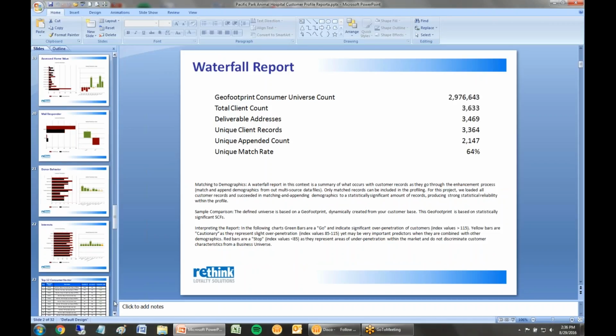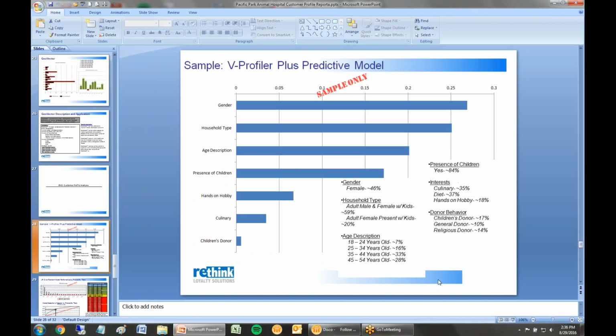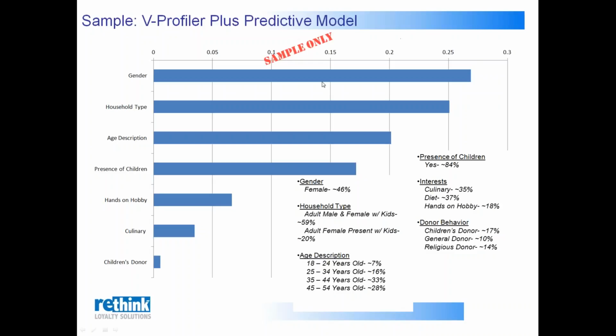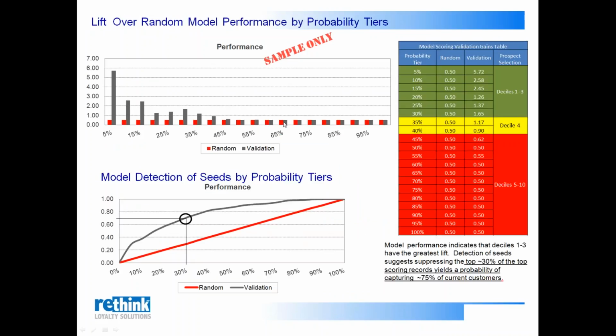So in the sample algorithm, again, we saw that the most prominent predictive driver was gender, followed by household type, then age, presence of children, etc. We take that algebraic equation and we apply it to the reference universe.